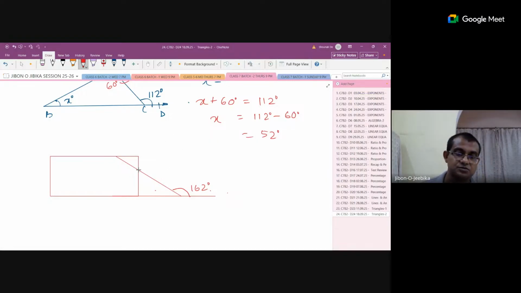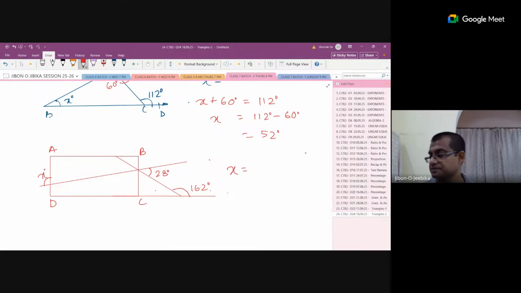Another line passes through this in such a way that this becomes 28 degree. It is given, this is A, this is B, this is C, this is D, and this is given as X. Find x.